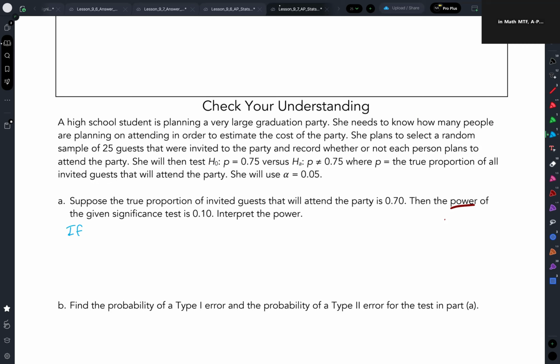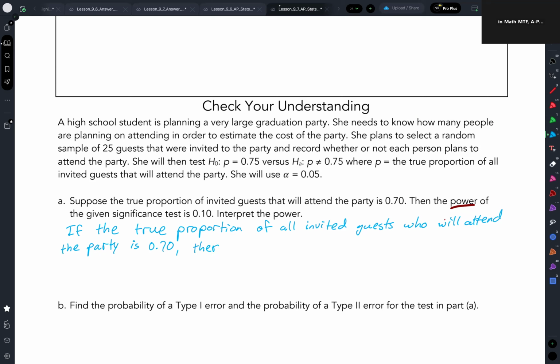So if the true proportion of all invited guests who will attend the party is 0.7, so if that is actually the truth, there is a 0.1 probability of correctly rejecting the null hypothesis.